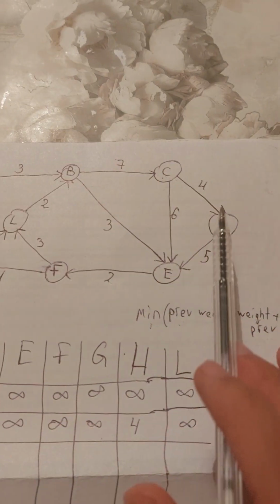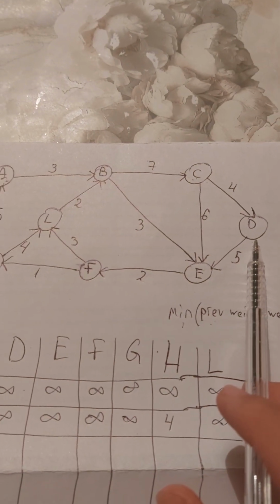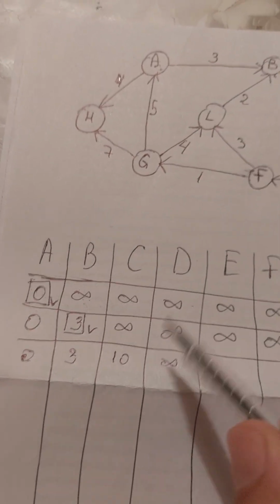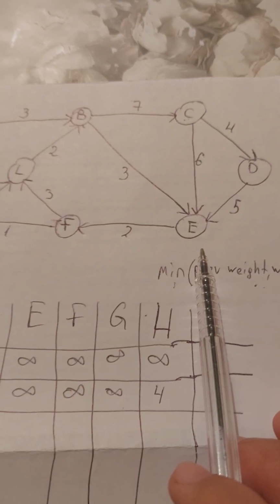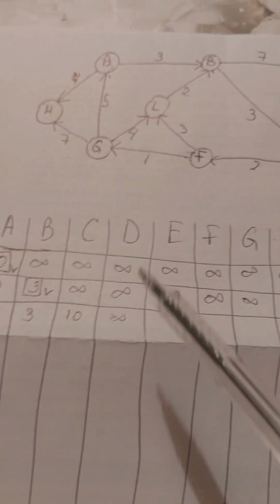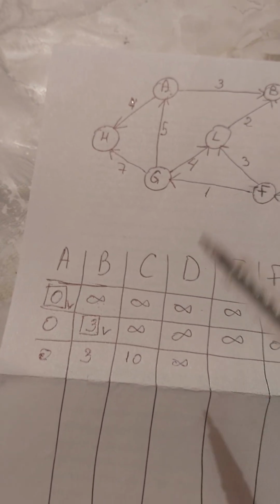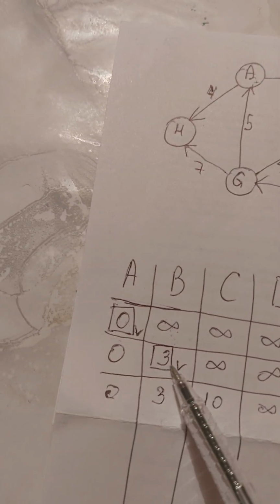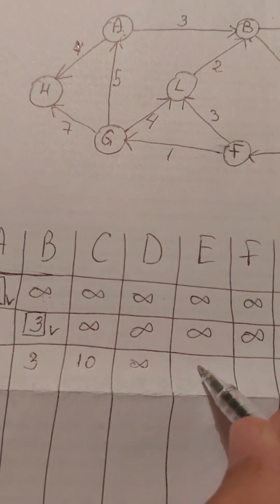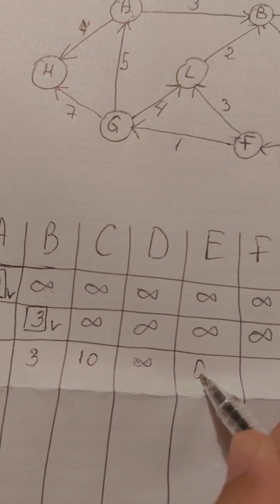From B to D we don't have a direct path, so we keep infinite. From B to E we have a path, its actual weight is 3, the previous label is 3. 3 plus 3 is 6. 6 is less than infinite, so here we write 6.